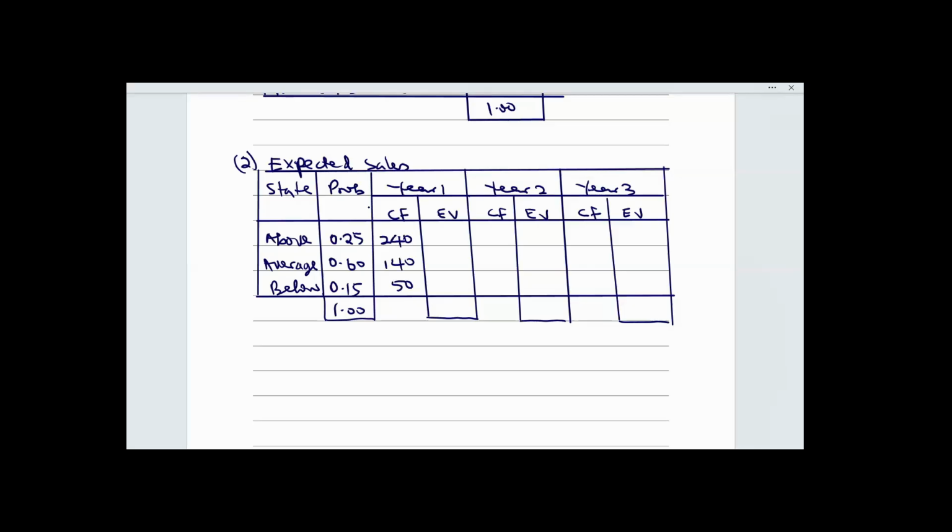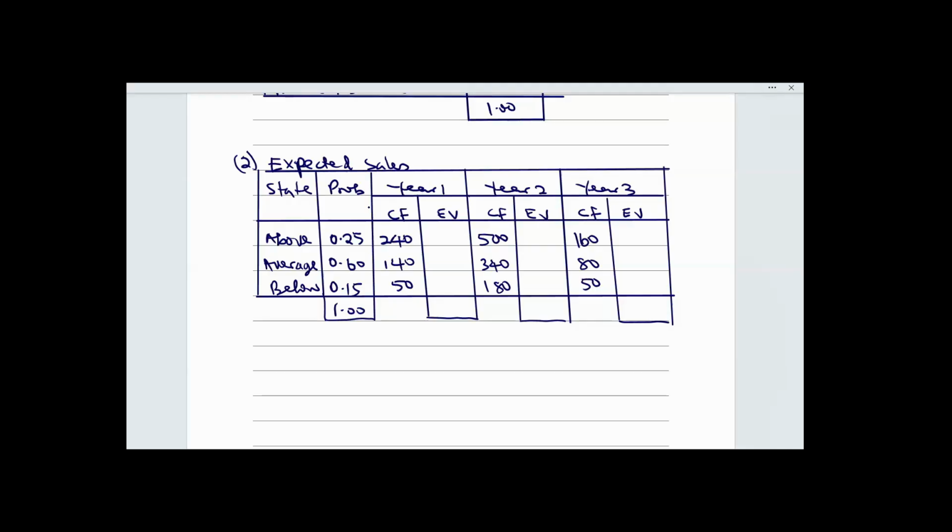For year 2, 500, 340, and then 180. Year 3, 160, 80, and then 50. So these are the cash flows given to us at each state of nature.